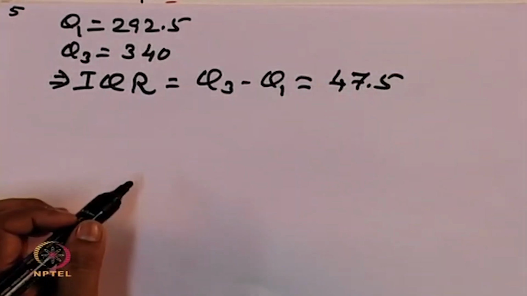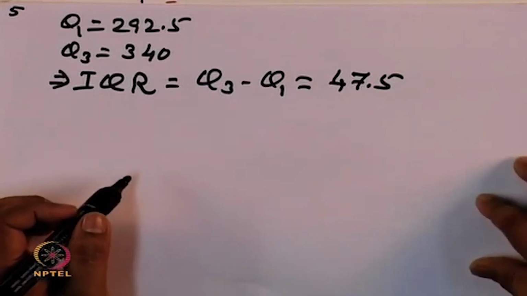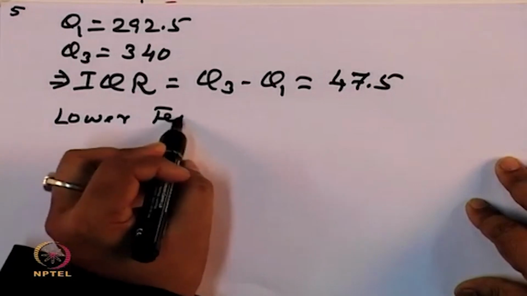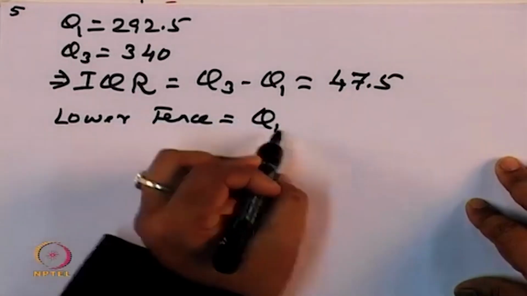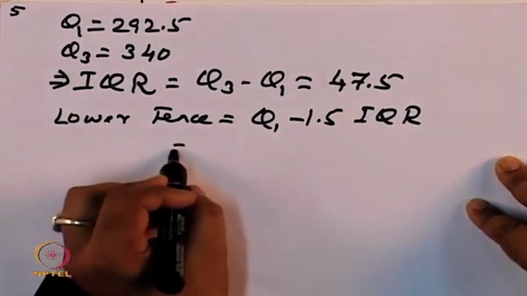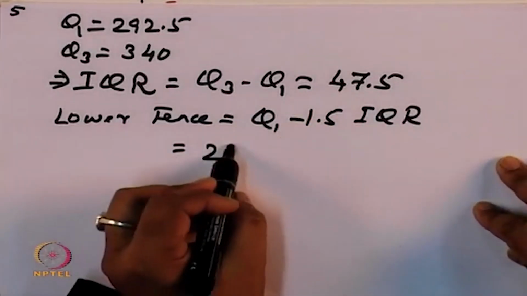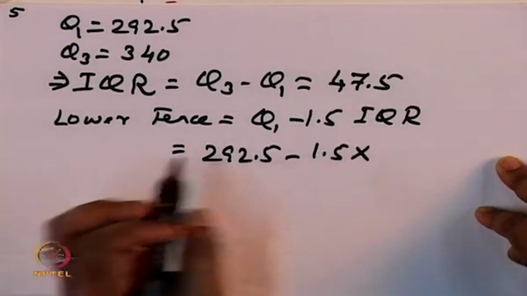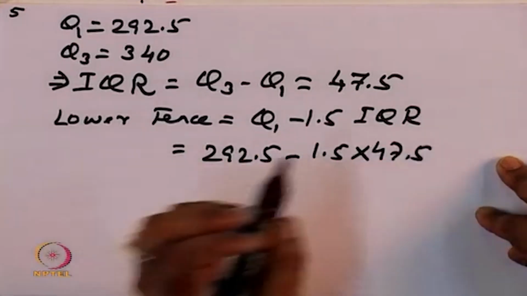Okay. So, now we know the lower fence: Q1 minus 1.5 times IQR, Q1 is 292.5 minus 1.5 into 47.5.